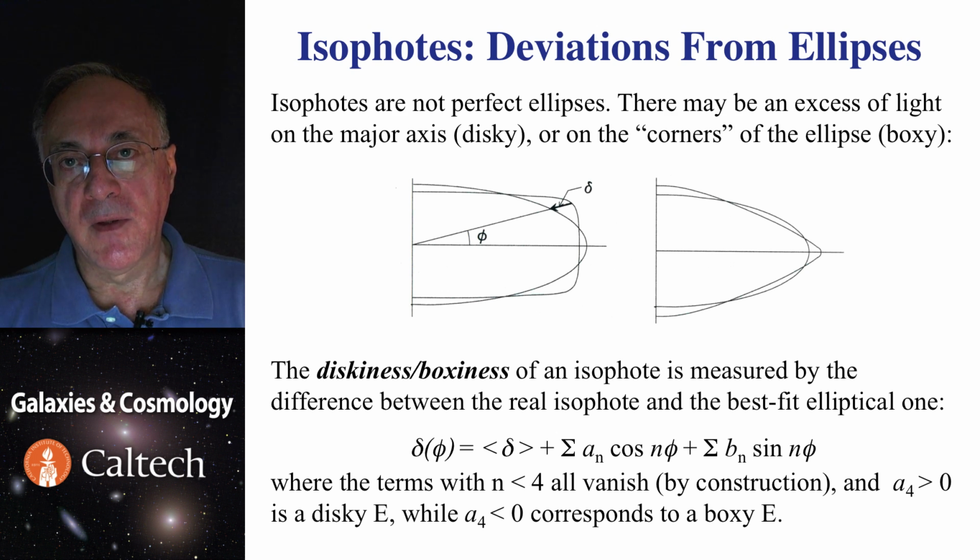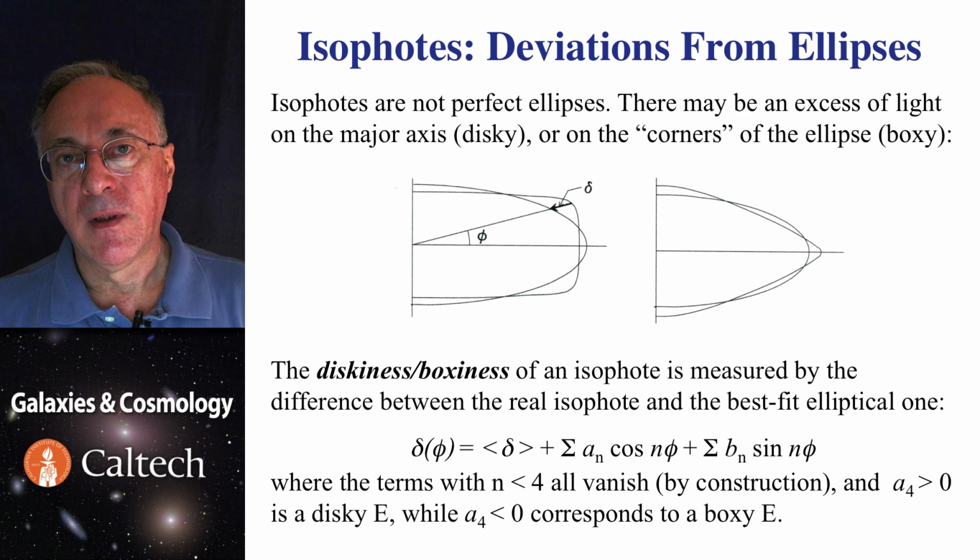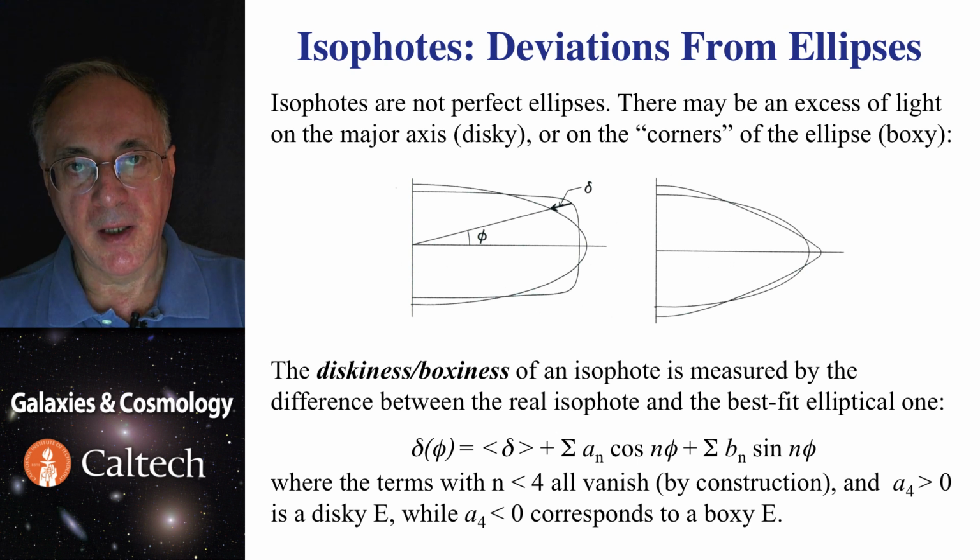And the first deviation that you can quantify is if there is an extra harmonic, if you will, around a given isophote. You can think of an elliptical galaxy isophote as, say, a single period wave as you go in azimuth. But suppose that there is a component of twice as high frequency, then you see two waves as you go around.